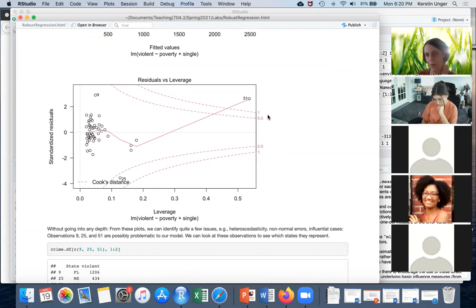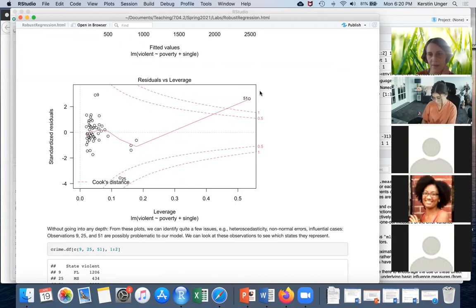It's sometimes recommended, but 1 is definitely too liberal, so I would recommend sticking to the one that we have talked about. You could also use the F distribution to identify influential cases, but we can use the one that we talked about in class.